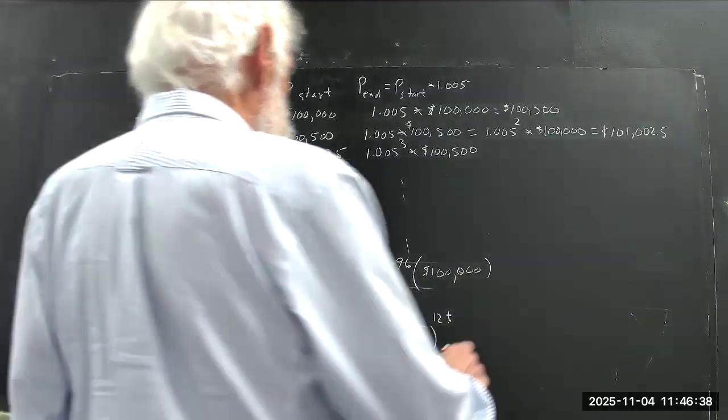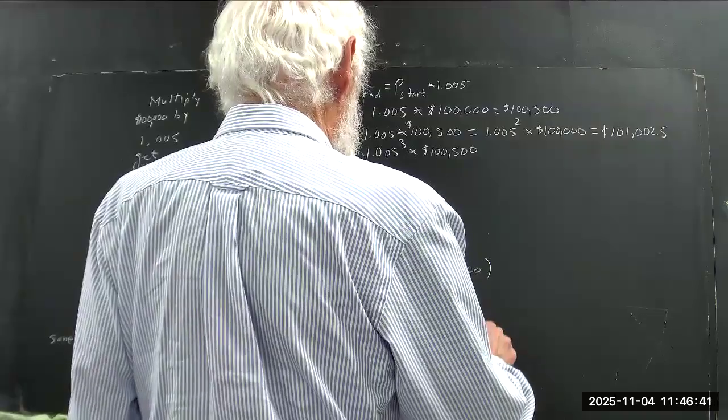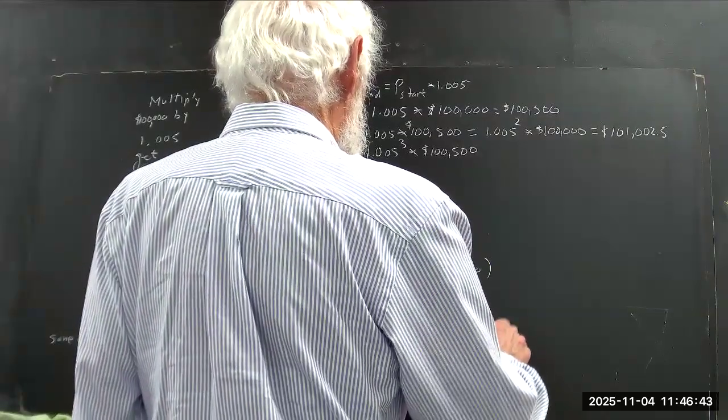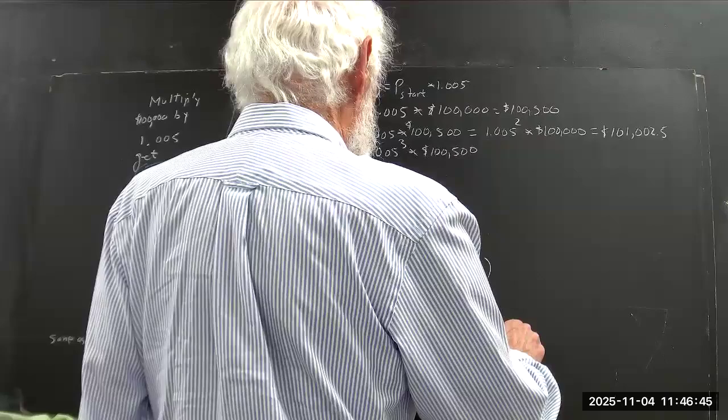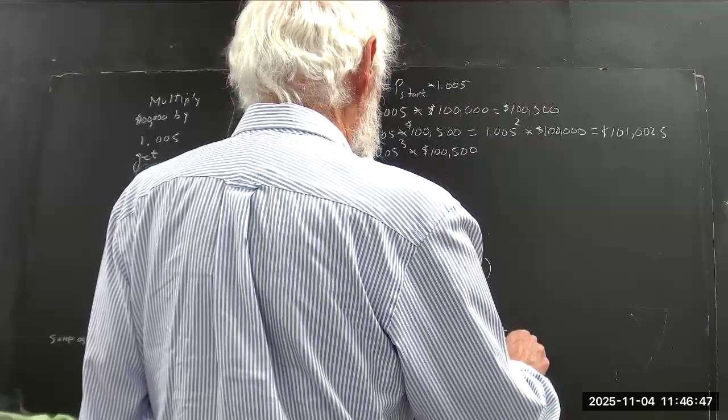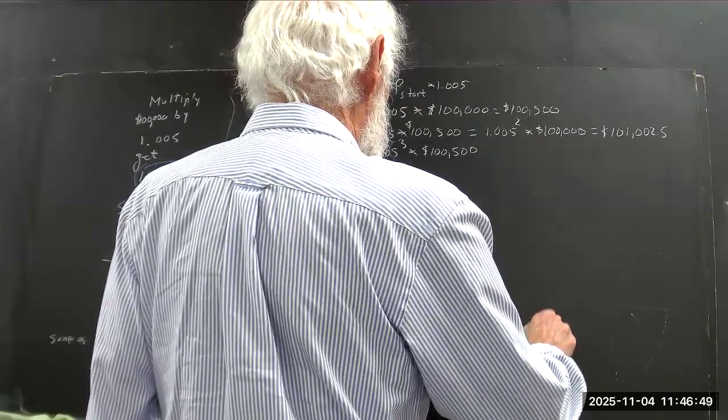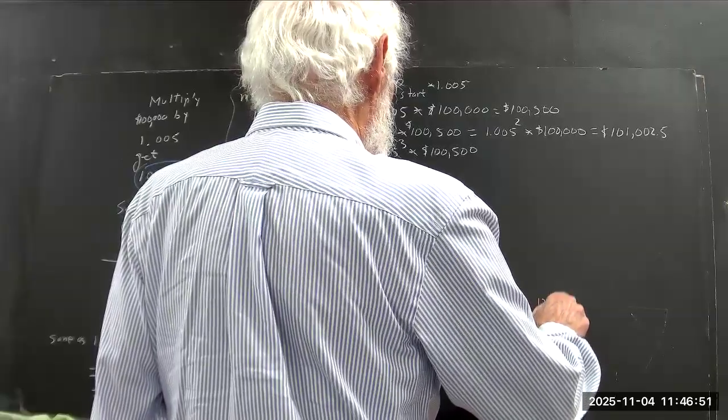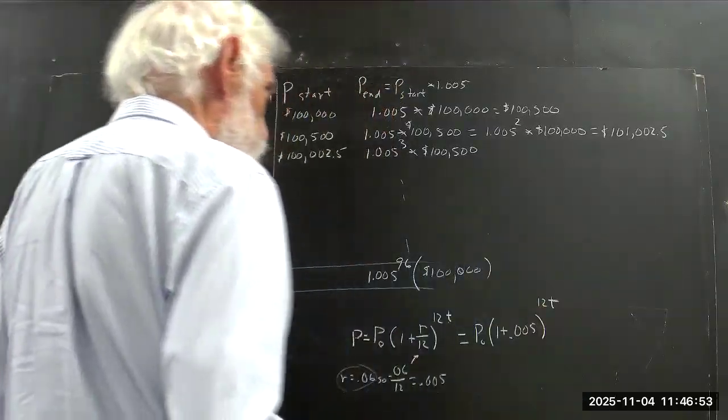Well, this equals P sub 0 times 1 plus 0.005 to the 12t.